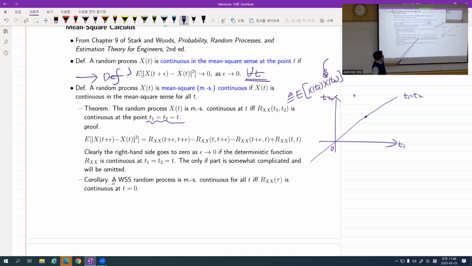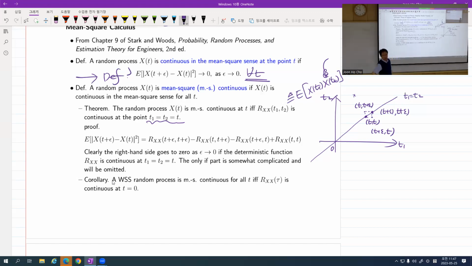Suppose this is t, you have t comma t, and t plus epsilon comma t plus epsilon, and t comma t plus epsilon, and t plus epsilon comma t. Now you let epsilon tend to 0. What does that mean? Your t comma t is fixed, but all three points converge to that point.